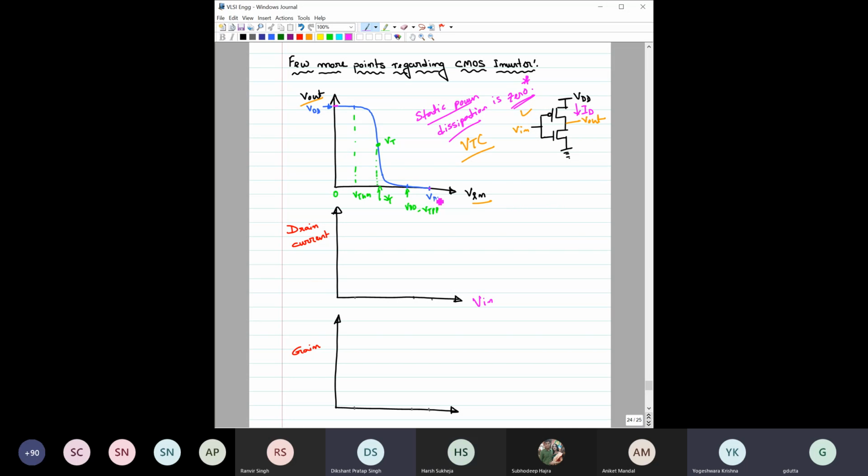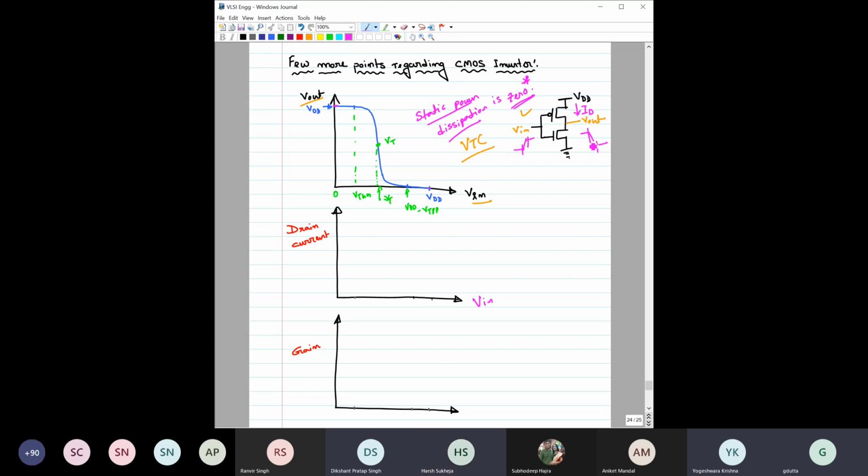Then that depends on the delay. Suppose you were giving some input, which also has some delay, so obviously this is the transition time at the input side. On top of this, there is an RC delay as well. We will discuss this later on, don't worry. Definitely there will be a significant delay in this transition.